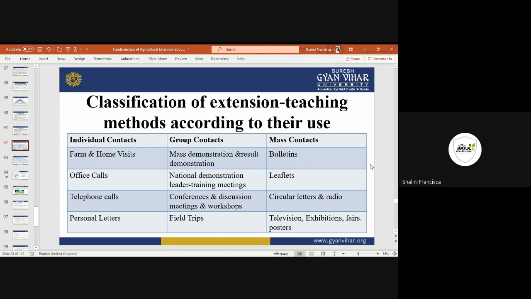Mass contact methods are about bulletins, posters and leaflets, circulars, radios, televisions, exhibitions, Kisan Mela, and posters that are displayed. Thousands of people, whether interested or not interested, all see them.